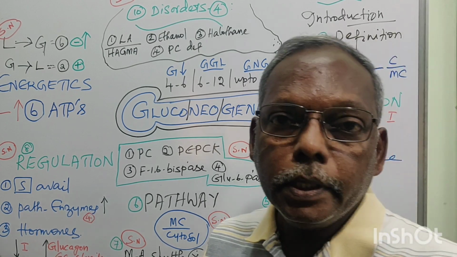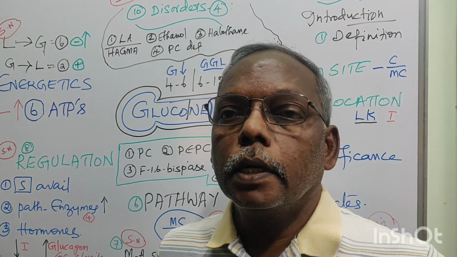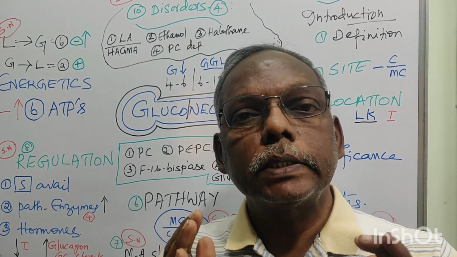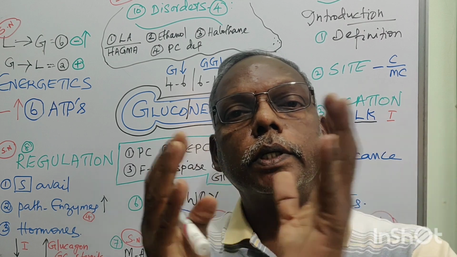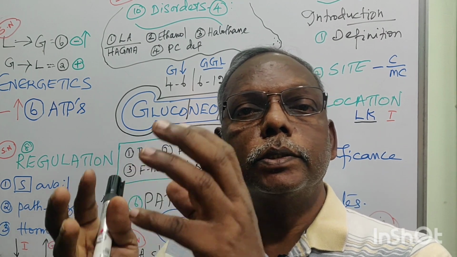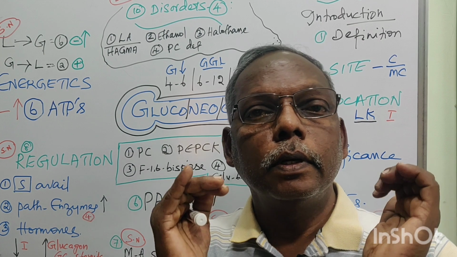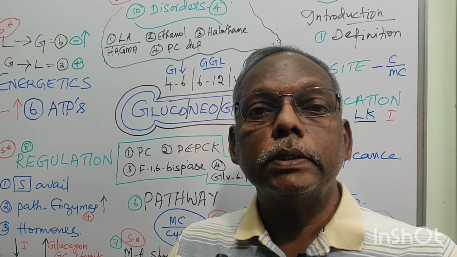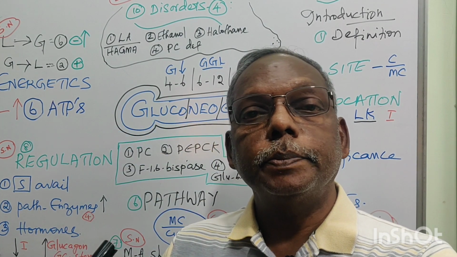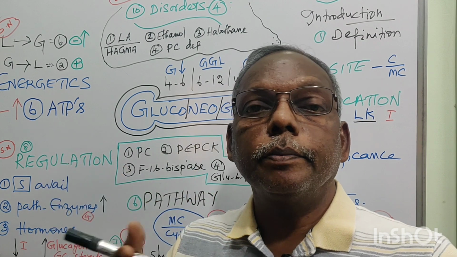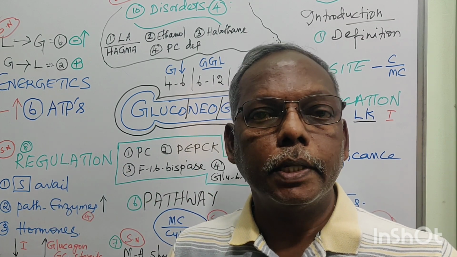Now coming to the energetics. In metabolism biochemistry, energetics means either you have to give some ATPs to synthesize the products, that is utilization of ATPs, or from that specific pathway we are getting some ATPs, that is production of ATPs, right?